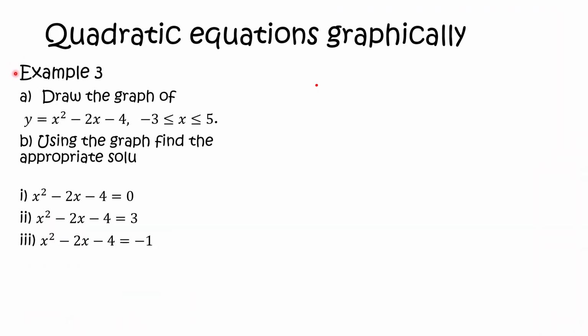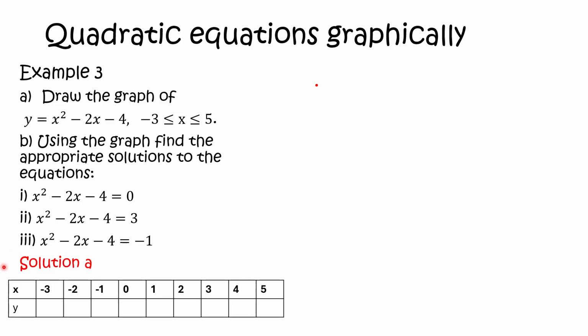With example 2, we have the graph given, ranging from -3 to 5. With the B part, we are meant to solve the equations, part 1, part 2, and part 3. So firstly, we are going to compute the table with the x values and the associated y values.